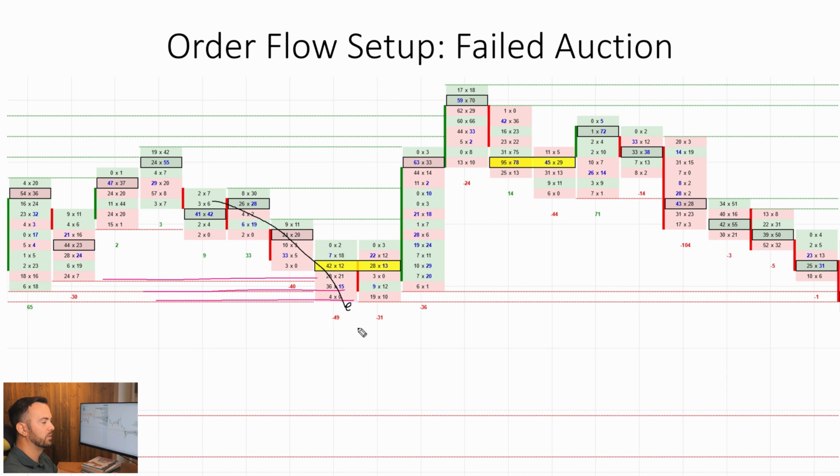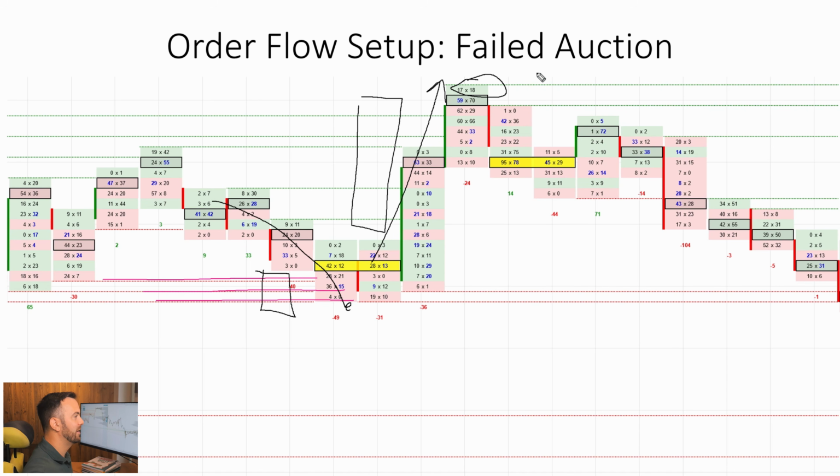Tests that, boom, right? When it comes close, it's likely to continue and test the whole failed auction cluster. Or in here, a couple of failed auctions from the past, and what the market did was boom, boom, went past all of them. Funny thing is that it created a new one in here, but you know, the market likes to test those failed auctions.